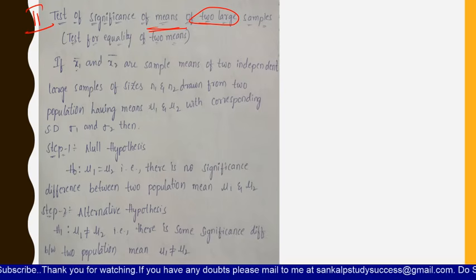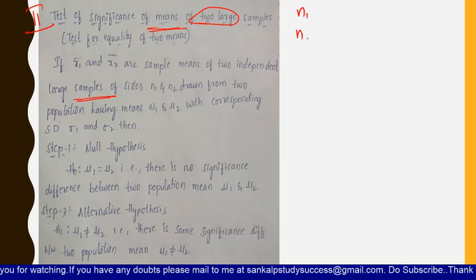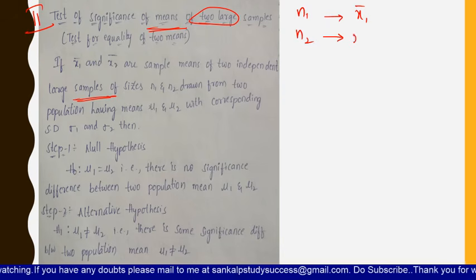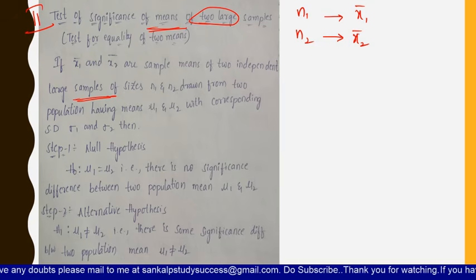Now here x1 bar and x2 bar are sample means of two independent large samples. That means we are going to have two large samples of sizes n1 and n2, where the means become x1 bar and x2 bar. That means in these kind of problems we are going to have two means, two population means as well as two standard deviations.